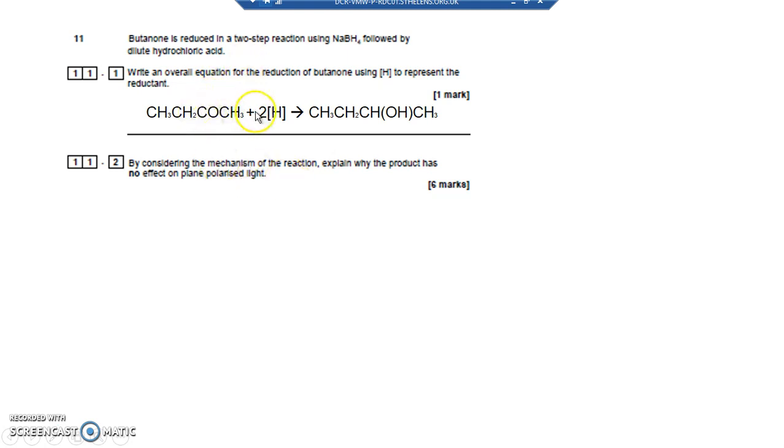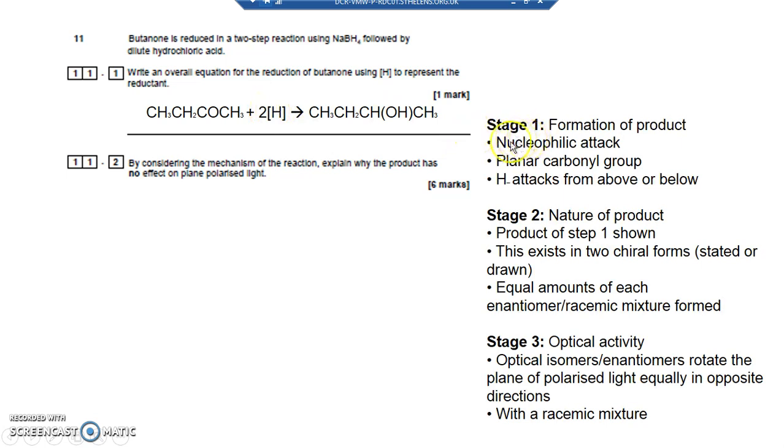So how does that happen then to give a product that's got no effect on plane polarized light? First of all, the H- is a nucleophile, and it's going to attack the C. This is planar, this is flat, so the CO is flat.